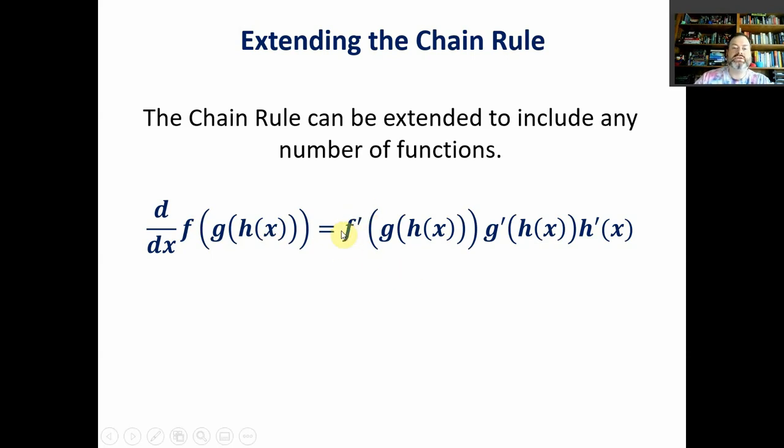You have to do the outermost derivative, leave the two inner ones alone, multiply by the middle derivative, leave the middle one, then leave the inside one alone, and then multiply by the most inside derivative. We're not going to prove this because this proof is similar to the proof of the chain rule. But it should make sense. Don't memorize this formula. You'll see that there's a sequence to solving these.